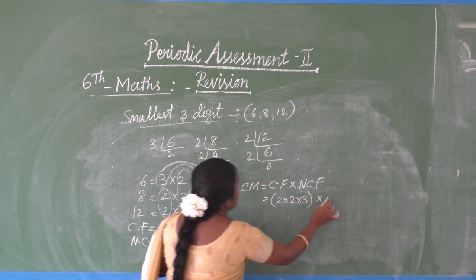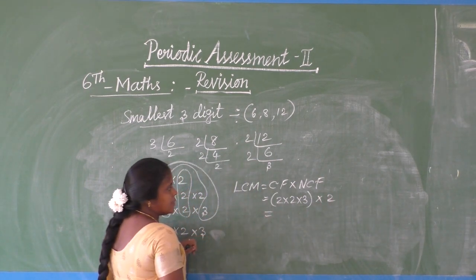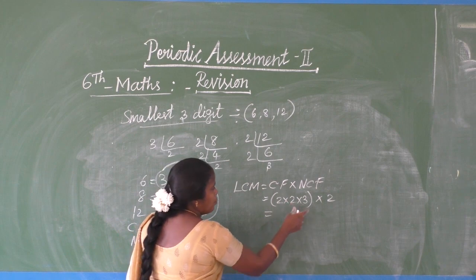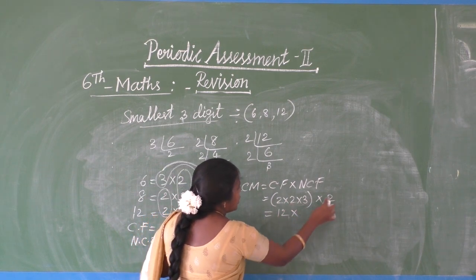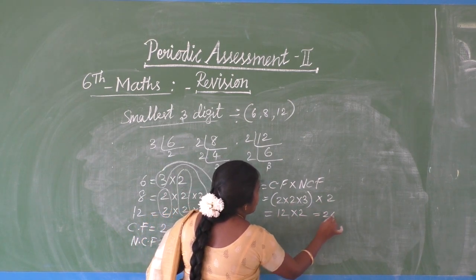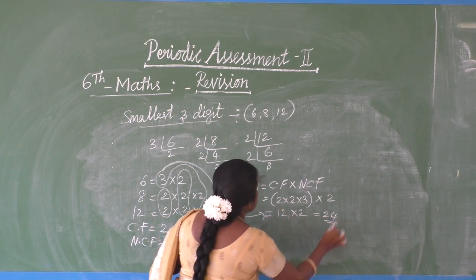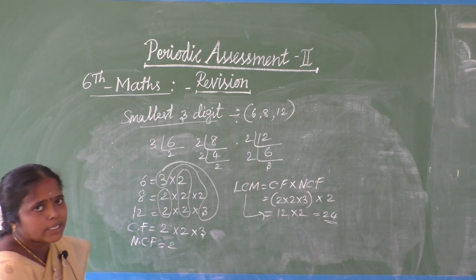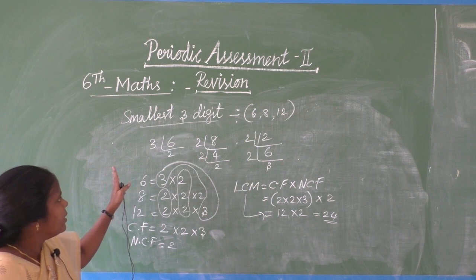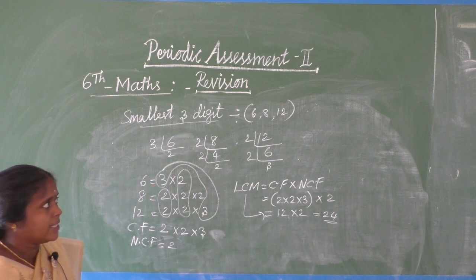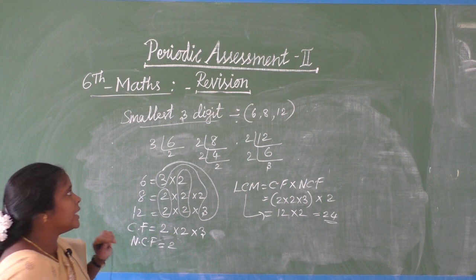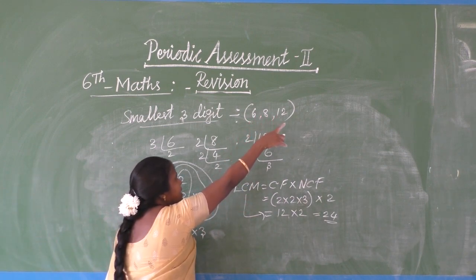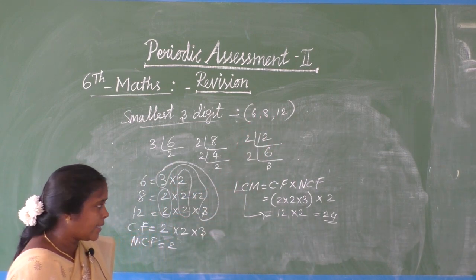In the non-common category, 2 only is coming. What is the answer? 2 2s are 4, 4 3s are 12, 12 2s are 24. So 24 is the LCM of these 3 numbers. That means that number is exactly divisible by 6, 8 and 12. Correct? Correct only.